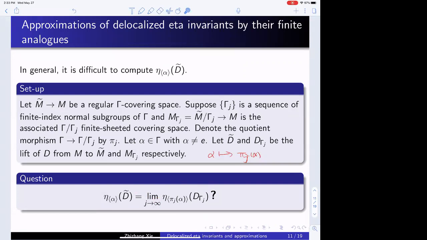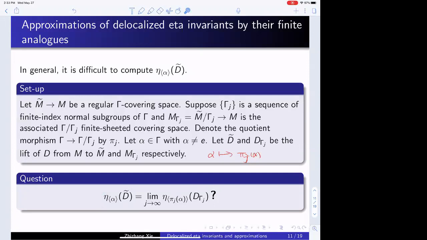It turns out that when you have a finite group, these are always well-defined. There is no condition here. Even if there's no spectral gap, this is still well-defined. So in a finite situation, this is not a problem. This question only makes sense if the left-hand side is well-defined, so in the following, let's just work in that situation.